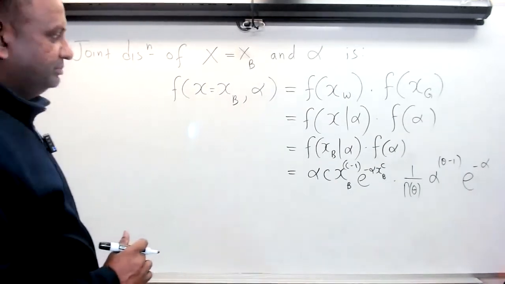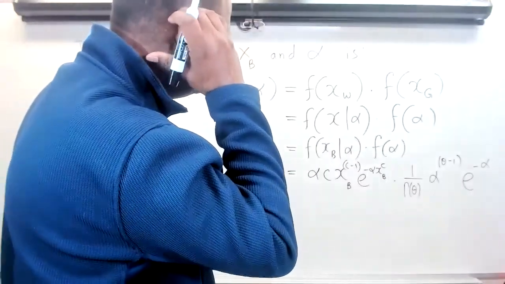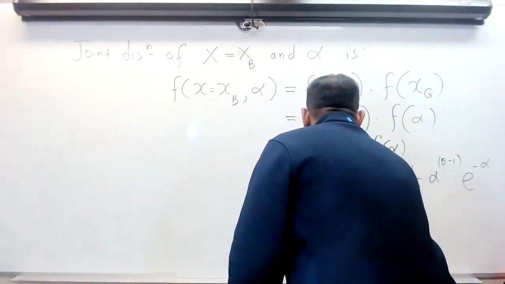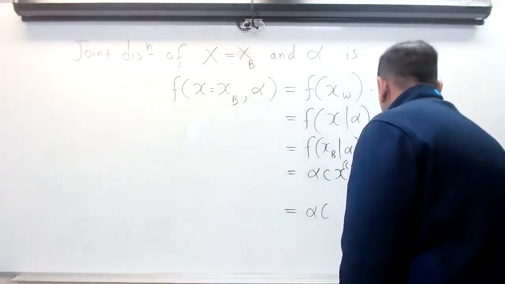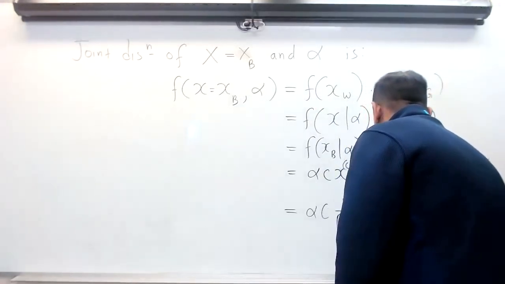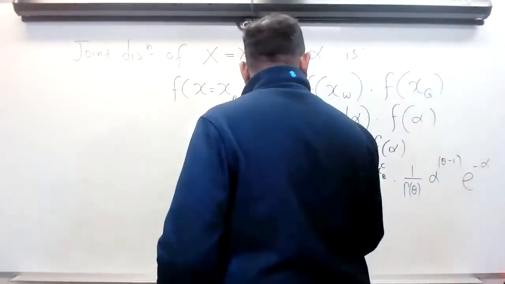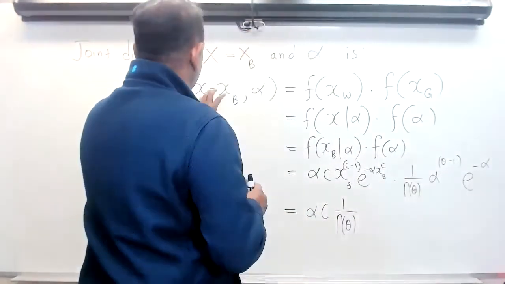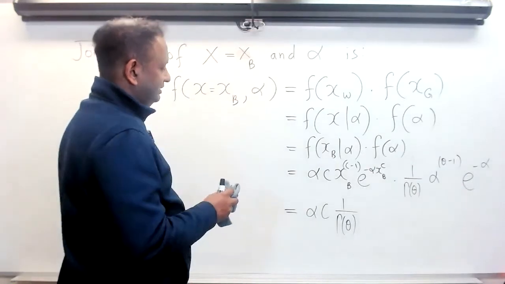So I'm going to rearrange this one a little bit, okay? You have alpha, you have c, you have 1 over gamma theta. I'm going to set aside the alpha terms and combine the other terms, because I'm trying to isolate this part only. That means I'm trying to integrate with respect to this guy later.